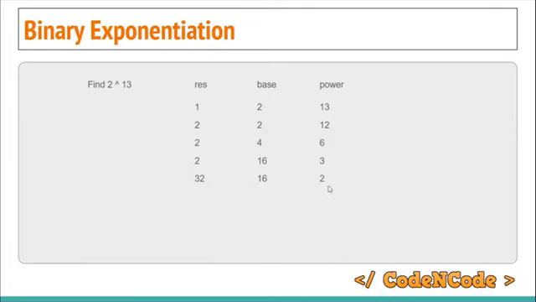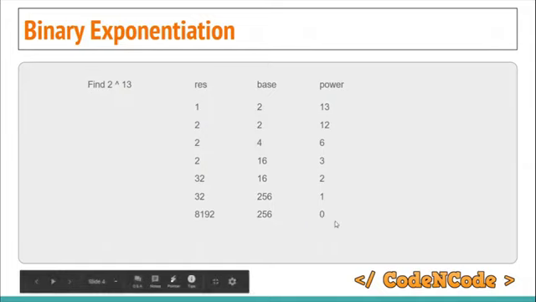Now since power is again even, 16 raised to power 2 is same as calculating 256 raised to power 1. So whenever you see the power even, you divide the power by 2 and multiply base with itself, that is, you square the base. And now since the power becomes odd, you multiply base with result and then reduce power by 1.